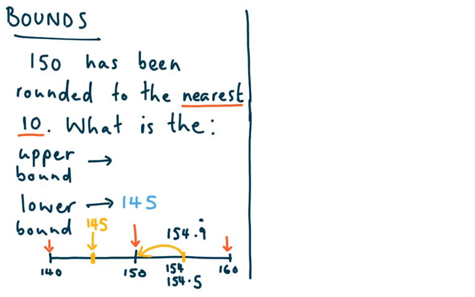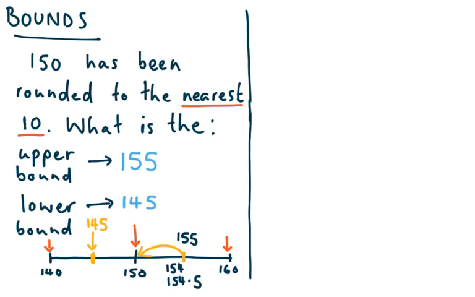That would be the biggest number that rounds down to 150. But, and this is the tricky bit, in maths, this is a little bit weird, but 154.9 recurring is actually so close to 155 that we actually say the upper bound is 155.